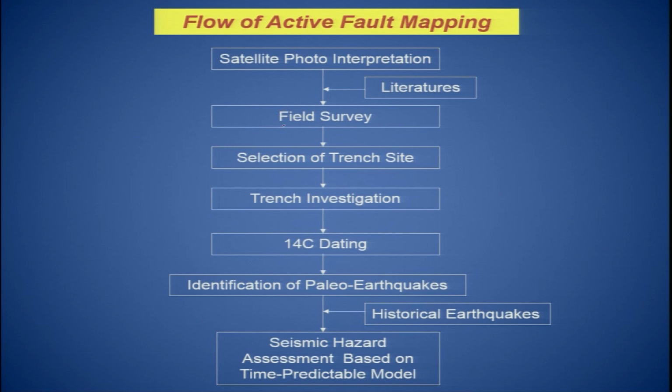Then we do field surveys, selection of the trench sites, trenching investigation, then collecting the dating material, identification of paleo earthquakes, then comparing those paleo earthquakes identified from the trench investigations with the historical data available, and finally this is one of the components for seismic hazard assessment based on the time predictable model.